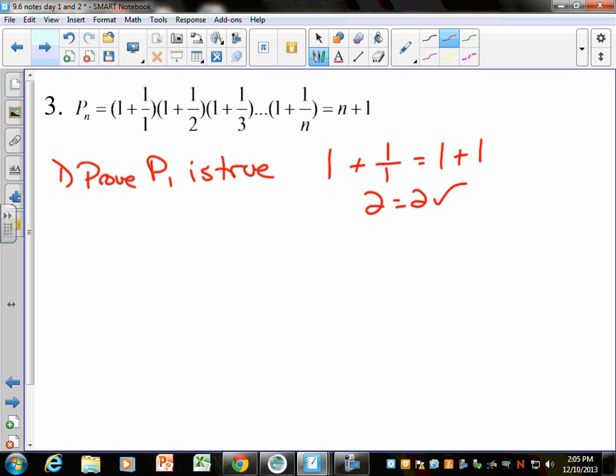Everybody with me on that step? And then every time, step 2, we're going to say, let's assume that P sub k is true. And yes, you have to write that.